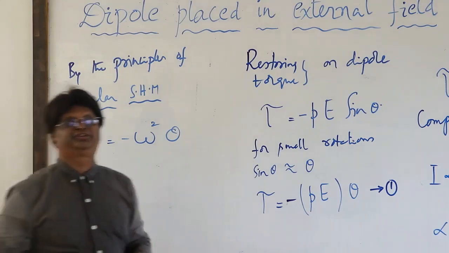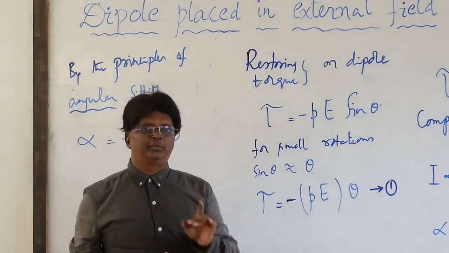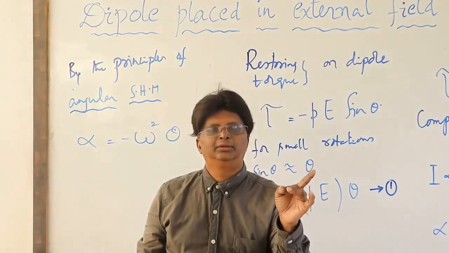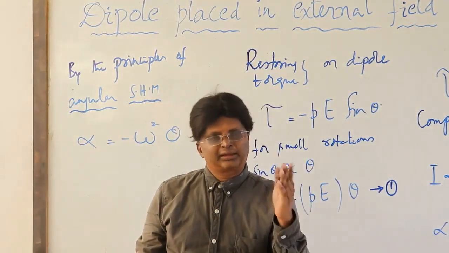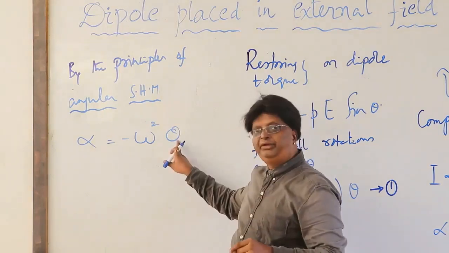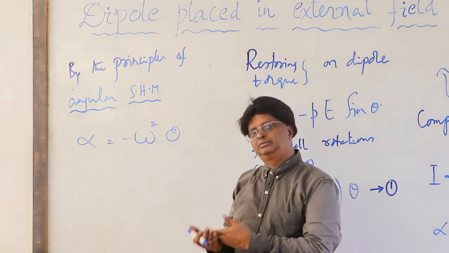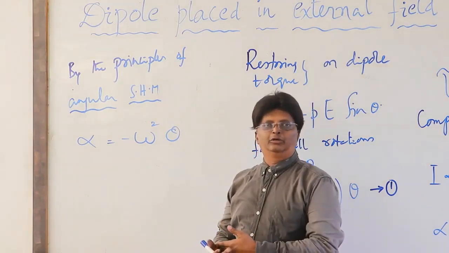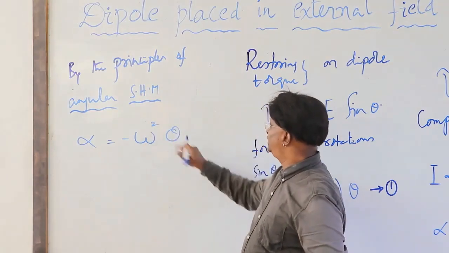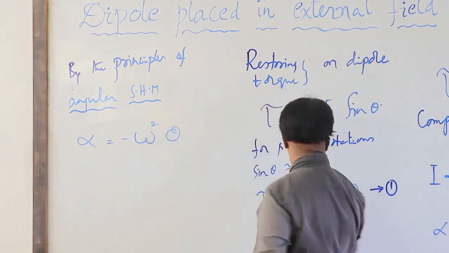Because in a linear system, the expression for acceleration, you remember, is a equal to minus omega squared x. a is replaced by alpha, x replaced by theta, and this omega is the analog which we call angular frequency.